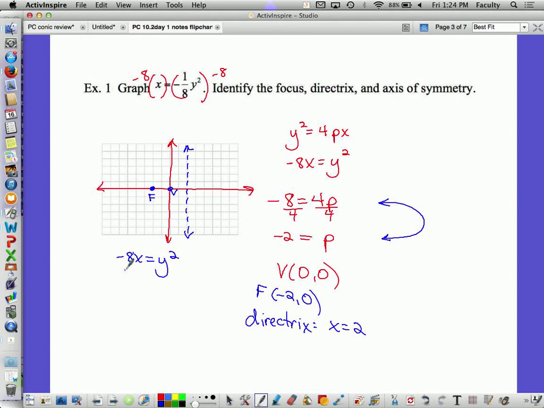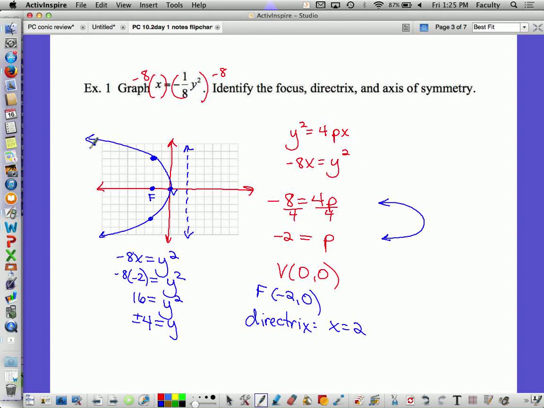Well, I guess I could do negative 2. All right, if I plug in that x is negative 2, and do you see why I chose that? Because 16 is a perfect square. Y is plus or minus 4. So I can go negative 2 and go up 4 and plot a point. And I can go down 4. And so here's my parabola.